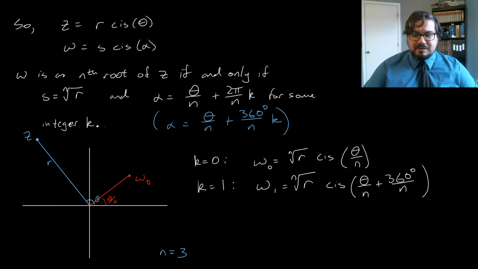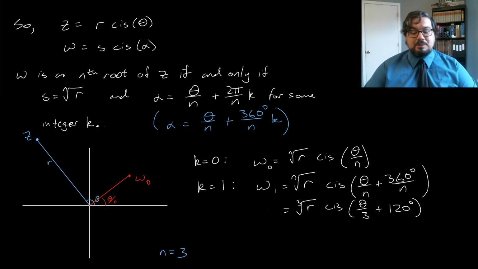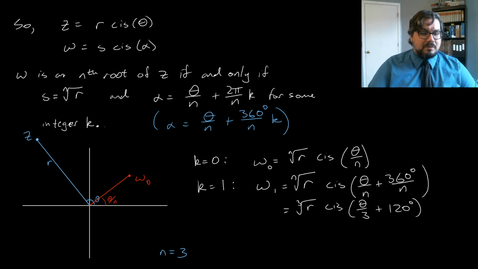So for us, that'll be the cube root of r times cis of theta over 3 plus 120 degrees, because we're doing this example with n equals 3.